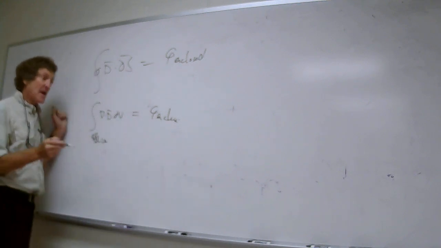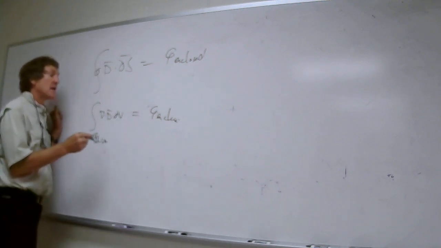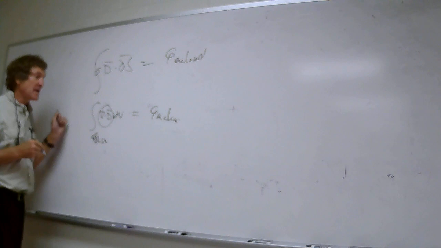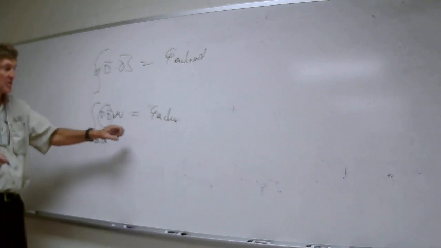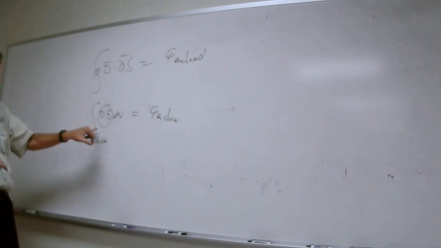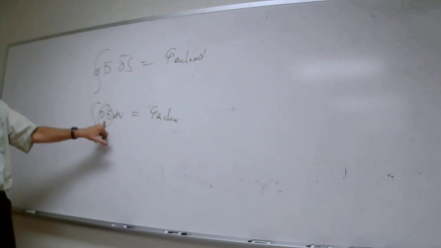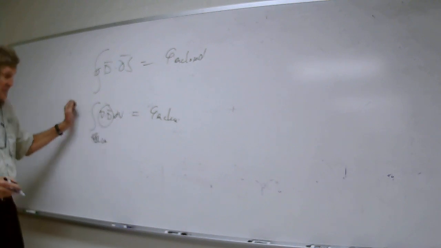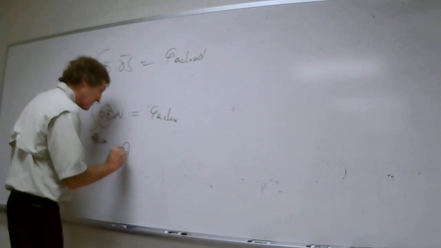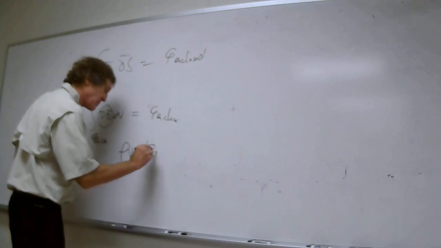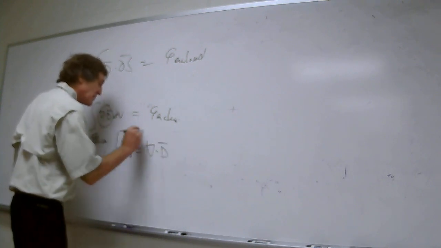As a matter of fact, if that's the charge enclosed and I'm integrating over the volume, that's the volume charge density. So that means when you talk about the volume charge density, it's equal to the divergence of D. Do you remember that at all?